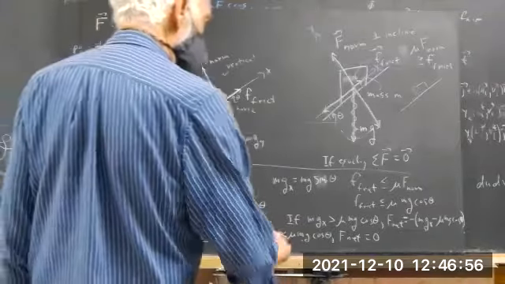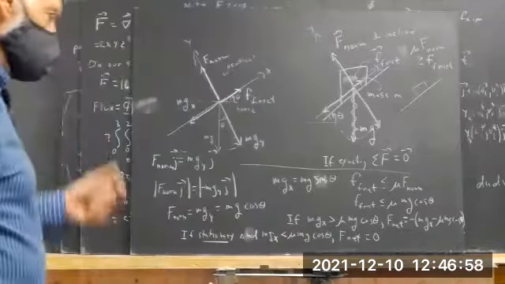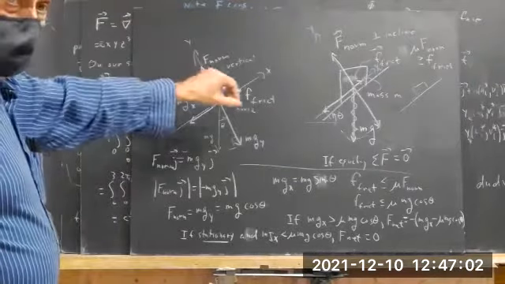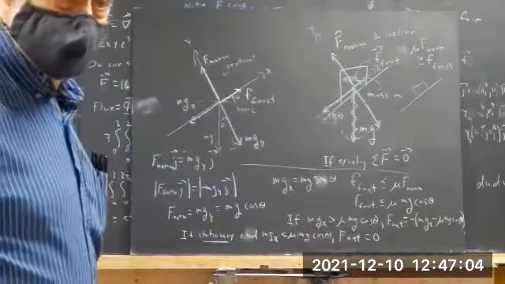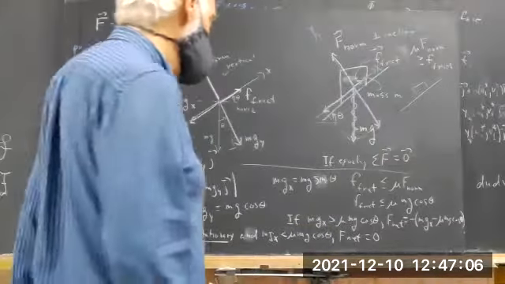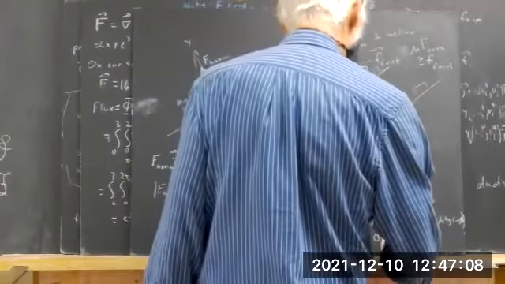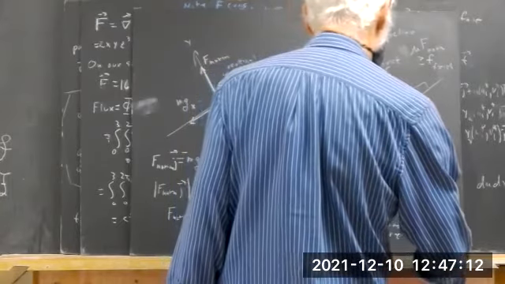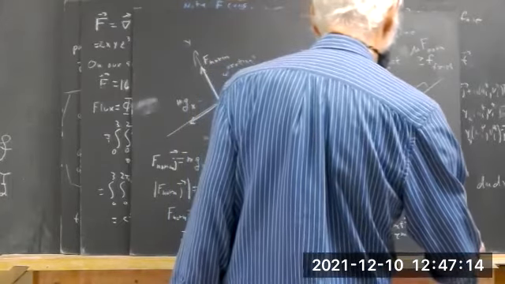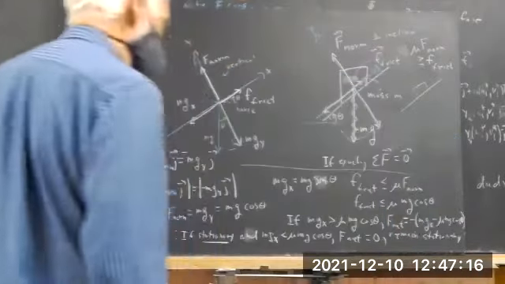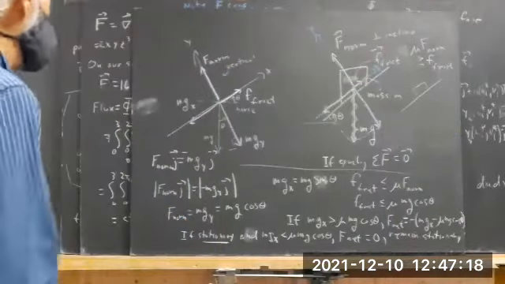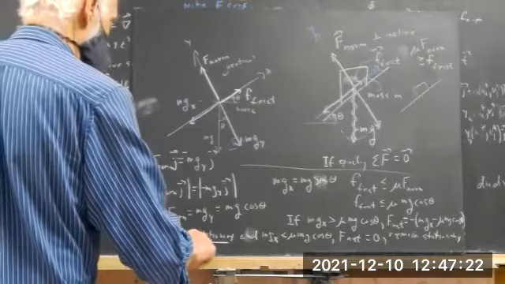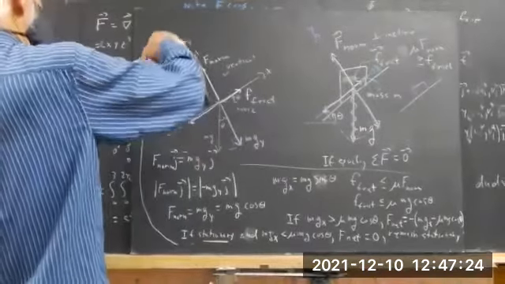If it's stationary, and mgx is less than this, then it's stationary and there's 0 net force, it stays there. So the force is 0, and you remain stationary. I didn't leave myself room to write down here, so I'm going to take what I would write here and write it up here.